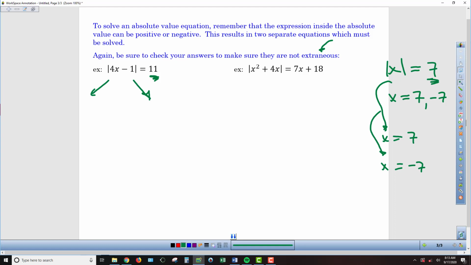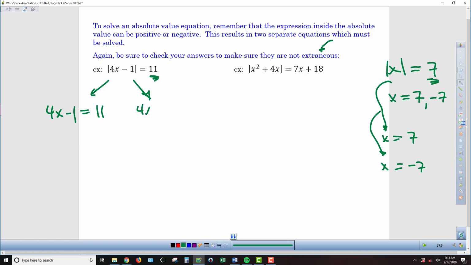And so the first thing I'm going to write down is basically the equation as I see it, just without the absolute value. So I'm going to say that 4x minus 1 could turn out to equal 11, and that would be good for us, which of course is correct. If I look inside the parentheses there, as long as what's inside equals 11, then that's a valid result.